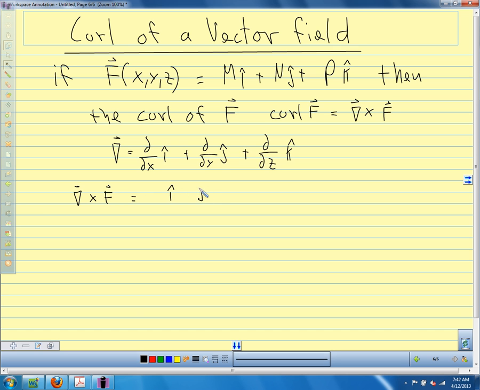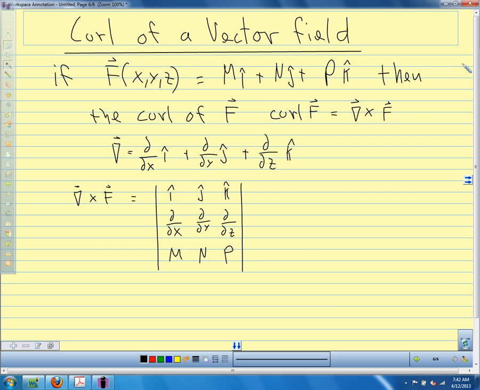We would do i, j, k, d/dx, d/dy, d/dz, m, n, and p. So that's how we calculate our curl.